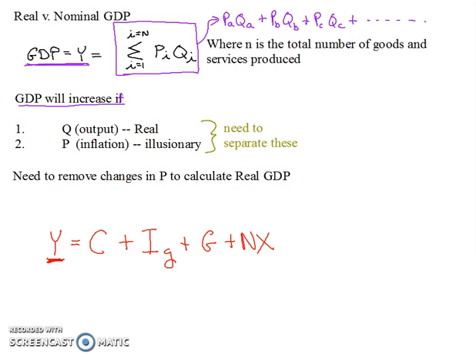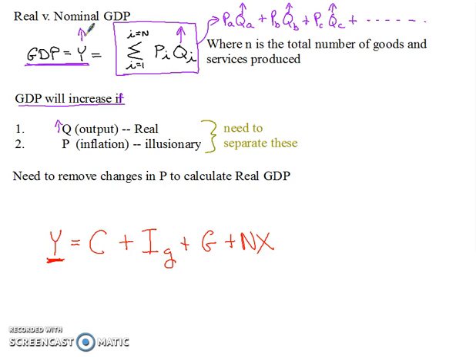So let me say that again. The GDP will increase if you get an increase in quantity. So if we produce more apples, more bananas, more cars, if we produce a greater quantity of stuff, then the gross domestic product will go up.